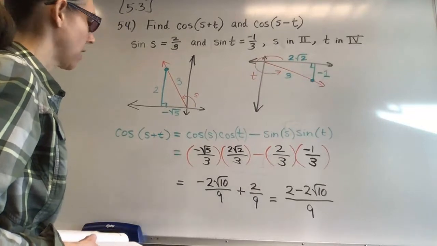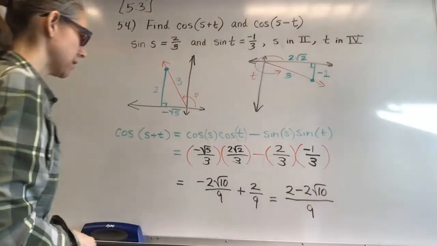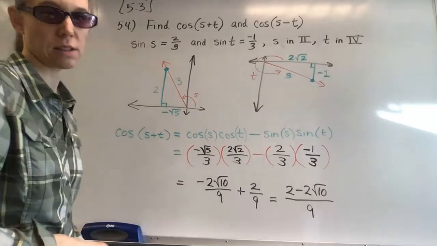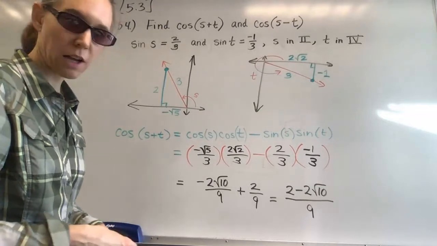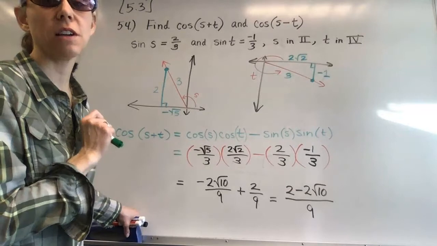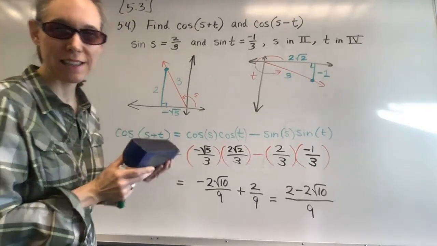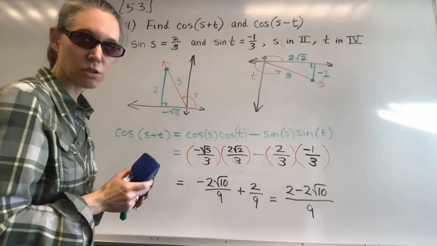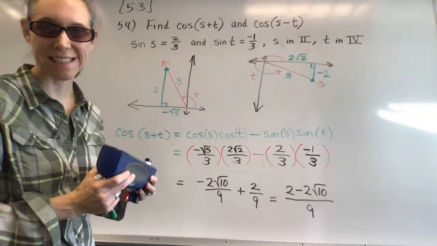Now we need the cosine of S minus T. The cosine of S minus T is going to be the exact same process as this, except we're going to switch a few signs, right? So allow me to just do my cheat work here. The luxury of doing math on a whiteboard is you can make erasing really easy. Okay, in your work, of course, you need to show all your work, but here I'm going to do some magic.